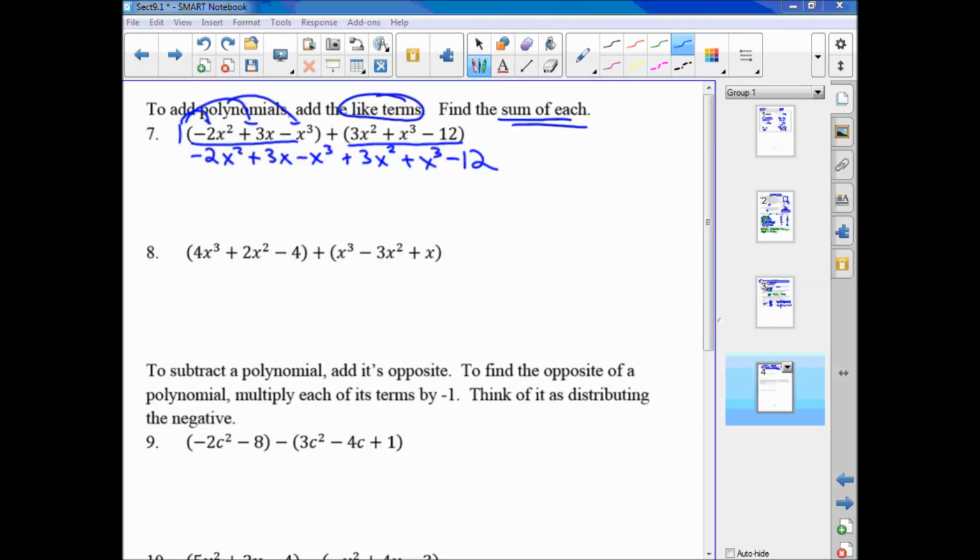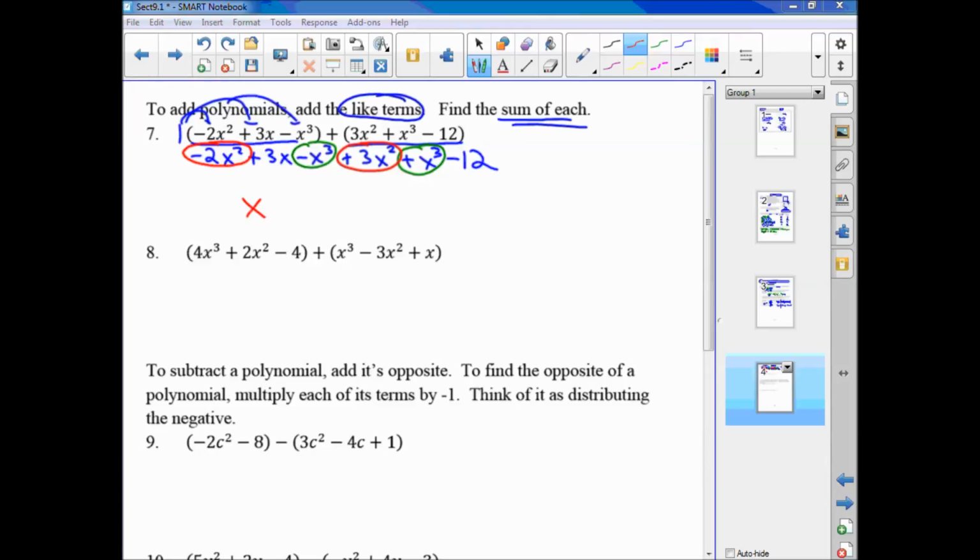So our like terms, I'm going to go through and circle them. Our first one is negative x cubed, and that will combine with positive x cubed. Those are term degree 3, so we'll do them first. But a negative x cubed plus a positive x cubed just cancels out, so they don't do anything. Okay? All right, then we have degree 2 and degree 2. So negative 2x squared plus 3x squared.